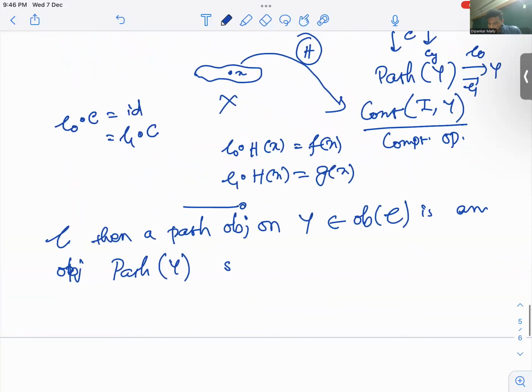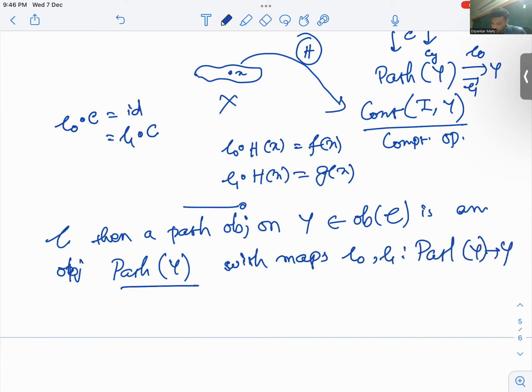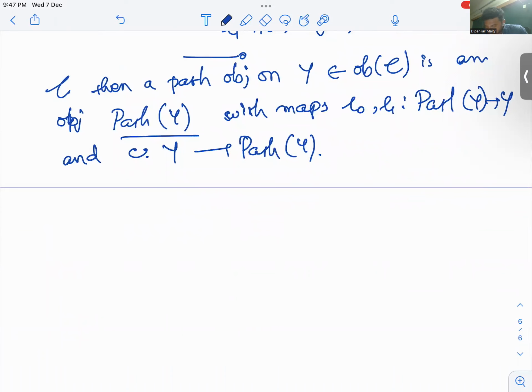And similar to the cylinder structure, we define a path structure as being an object path on Y with maps L0, L1 from path on Y to Y, and C, the constant loop map from Y to path on Y, such that L0 composed with C is equal to L1 composed with C is equal to 1.